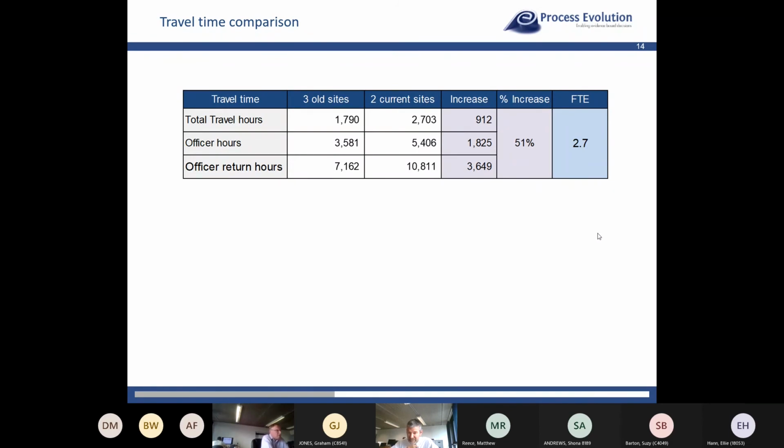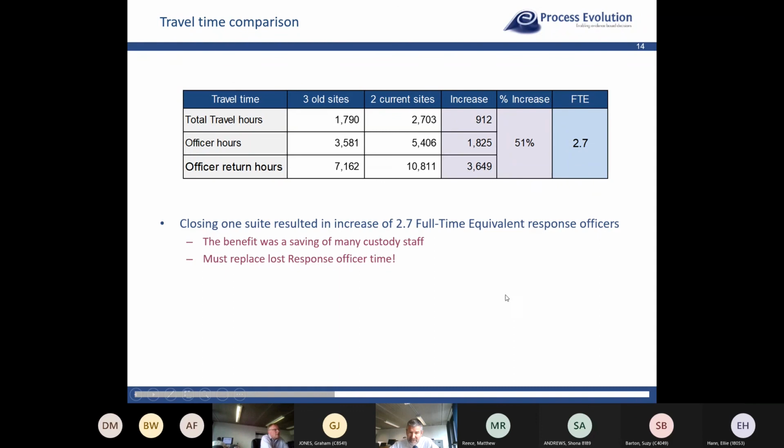So by closing that 1 custody suite, yes, you save a lot of custody staff, but it does come at a cost of 2.7 FTE in response, and you've got to make sure you give those response hours back to response. Otherwise, you're going to fail.